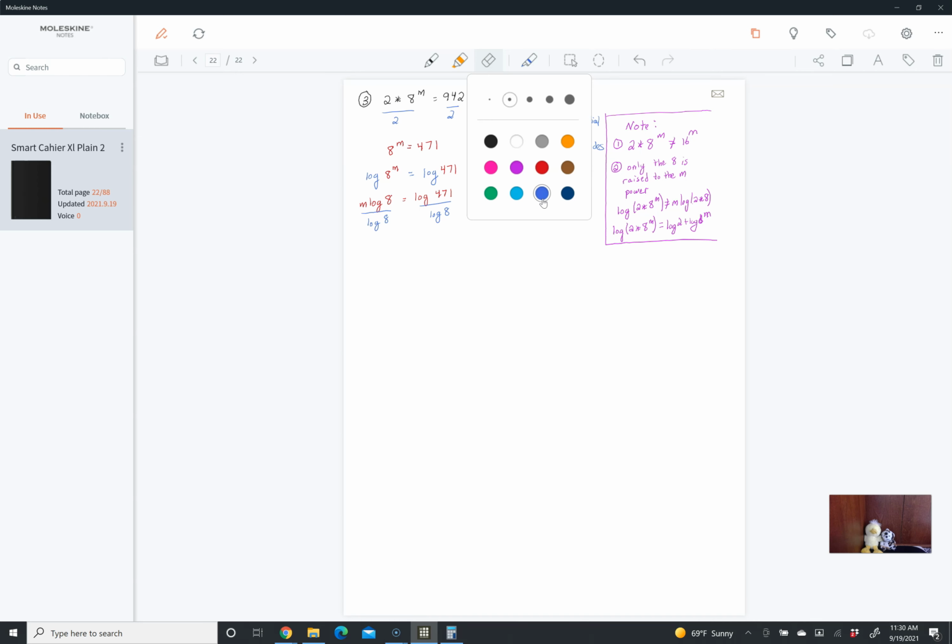Isolate the variable. And that's going to give us m is equal to log of 471 over log of 8. Plug it into your calculator. You will get 2.96.